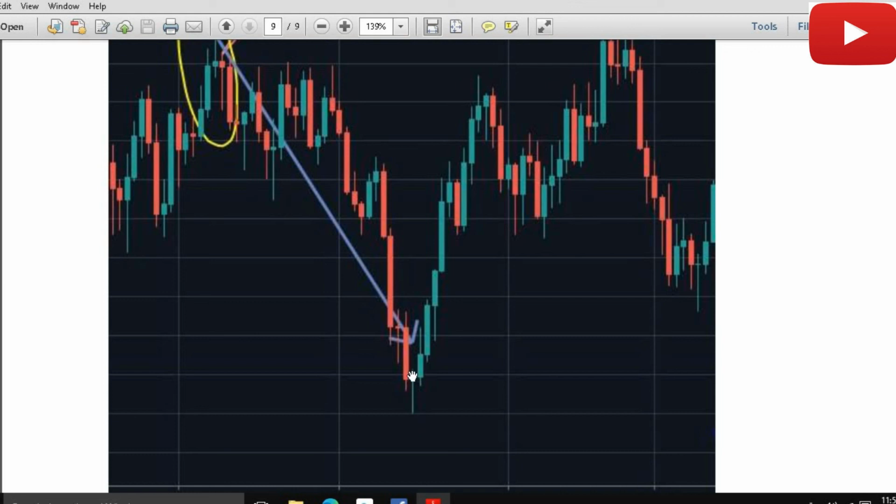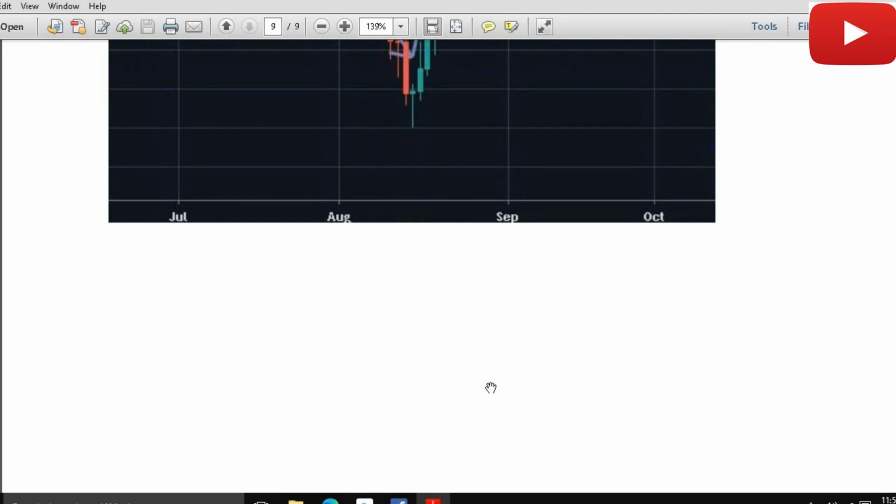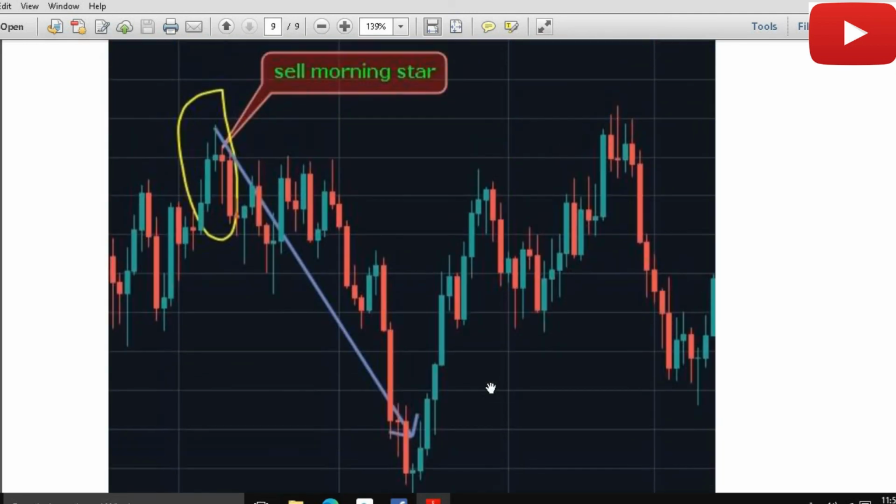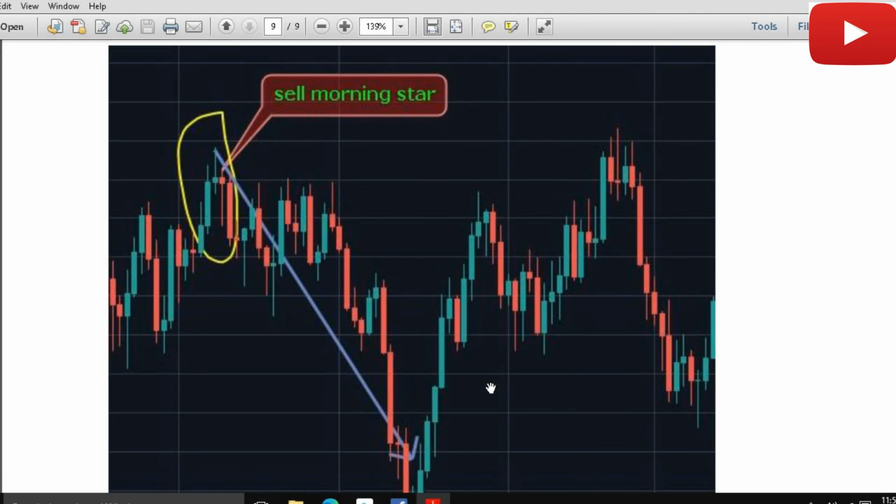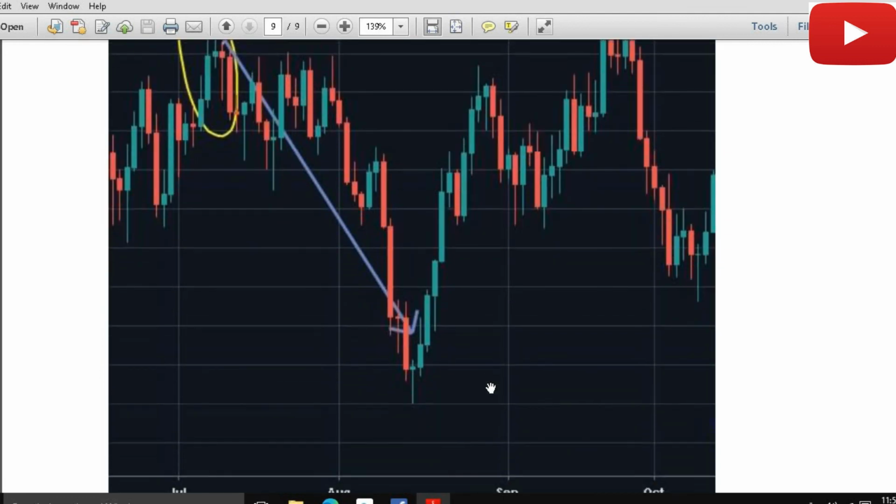This is a doji, remember. Then there was another huge buy that resulted and buyers took over. So this is also a morning star with a doji, right? Please go to your graphs and look for this, your MT4 or your TradingView, and look for this, right?